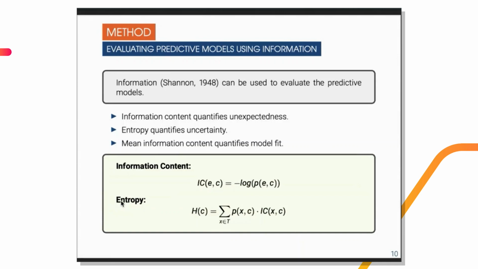So given a sequence where, according to your predictive model, one element is extremely likely to come next and all the others are very unlikely, you have low entropy or low uncertainty. You're very certain about what's going to come next. And on the other hand, if they're all equally likely, then you're uncertain about what's going to come next.